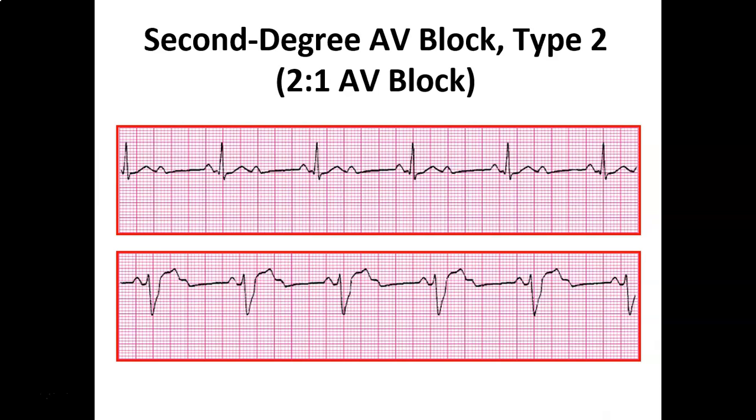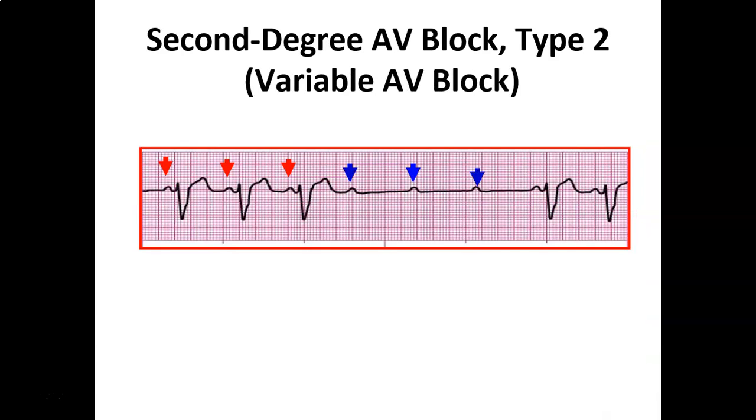So two P waves and one QRS complex. That's called 2 to 1 AV block. Look here. Here some P waves are conducted, some are not. So this is again second degree AV block type 2 with variable AV block. Look again at the PR interval, it's constant.